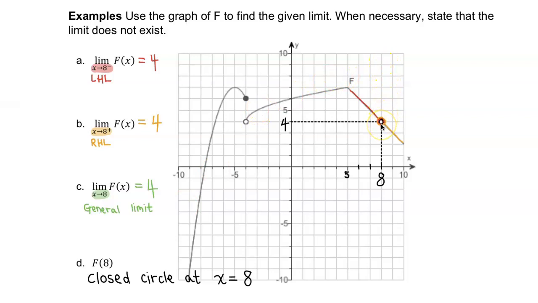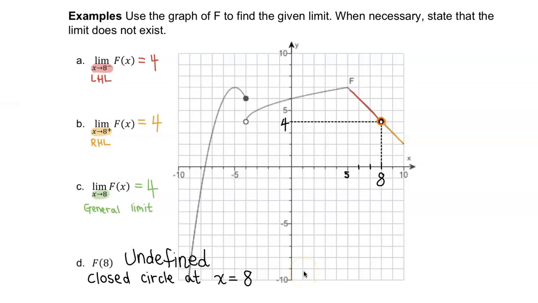We have an open circle. So guess what? The function has a hole at x equals 8. See, we do not have a closed circle here. So for f of 8, we have to say it does not exist, it's undefined. Okay? This function is not defined at x equals 8.